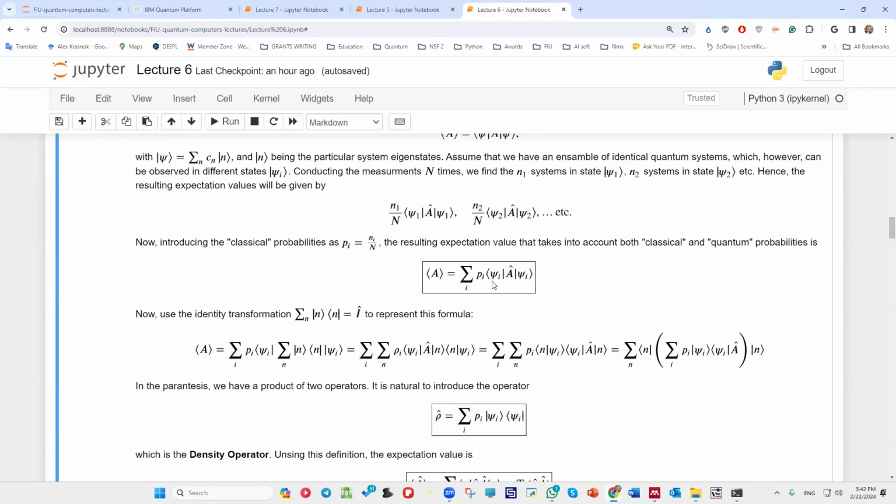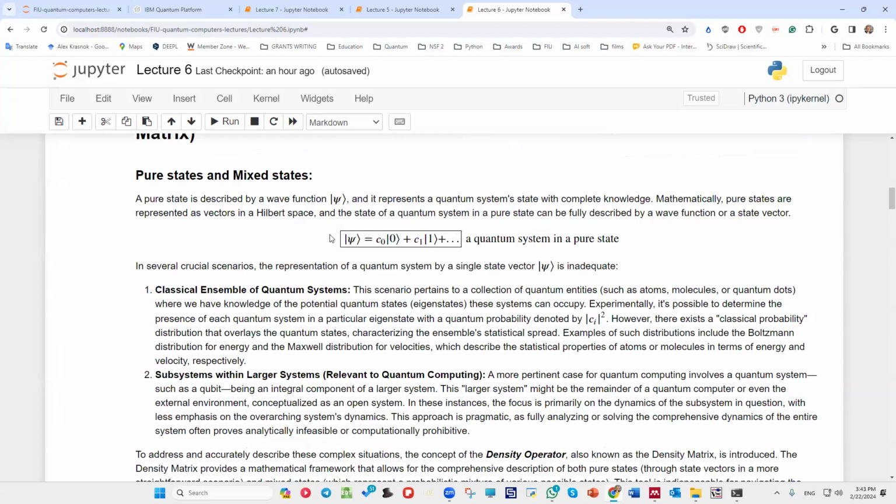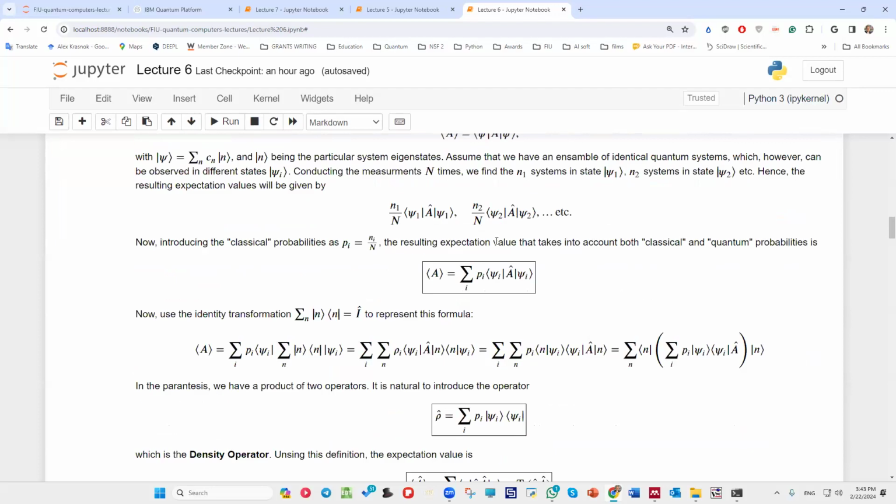So I can know everything about the system. And in this case, I can return to the description by the pure state representation, if I know everything about my system in a classical statistics manner.